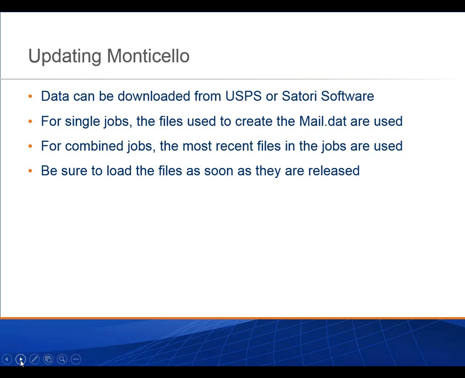In that scenario, Monticello will use the newer one for the work that it does. So if a job had September data and October data, Monticello would be working with the October data. And again, just a reminder to make sure that you're loading the files as soon as possible, because that's going to give you the most flexibility for doing a wide range of pre-sorts across a bigger window of time.